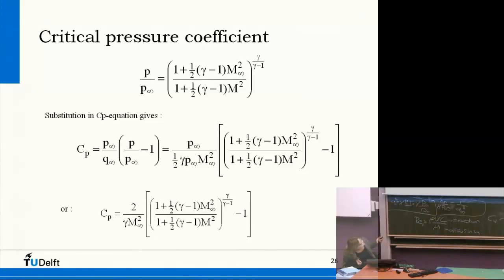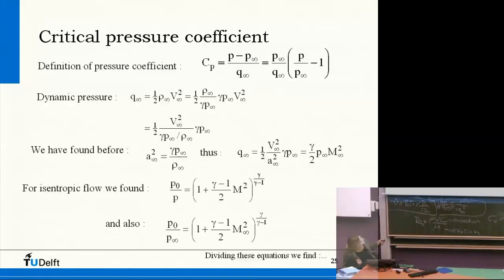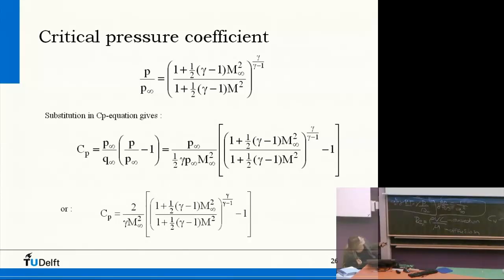Then the P infinite over Q infinite, on the earlier page, I showed that you can find from here. P infinite over Q infinite is 1 over a half Mach squared. So there it is. Then we get Cp, so we can take out the divide by the pressure.